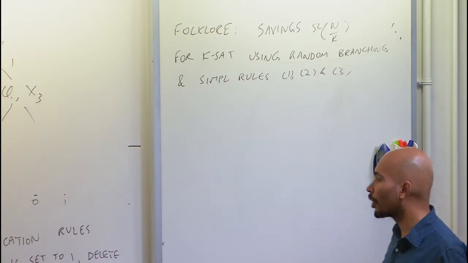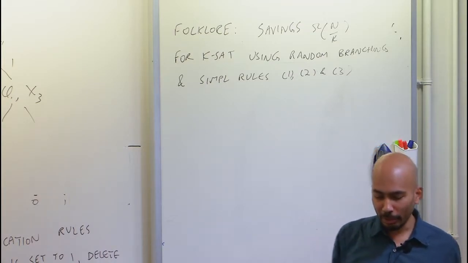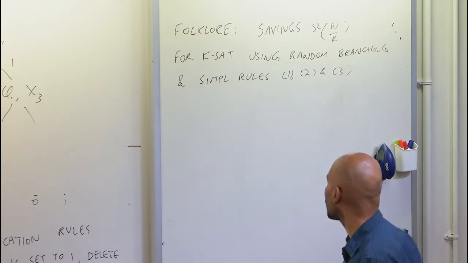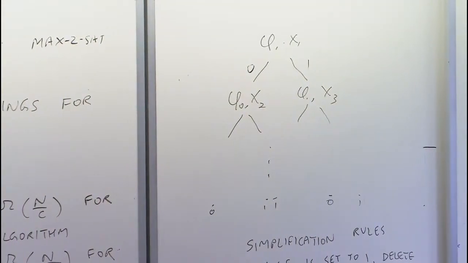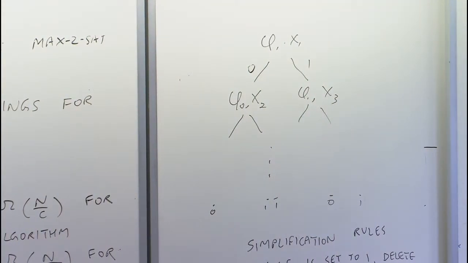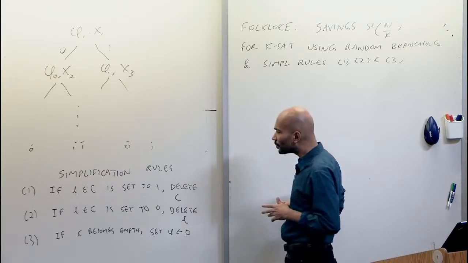If you're interested in the exact constant here, then there are better algorithms such as the Paturi-Pudlák-Saks-Zane algorithm, which actually gets you a constant bigger than 1 here. But if you're not interested in the constant, then this is a fairly simple branching algorithm which has this performance.